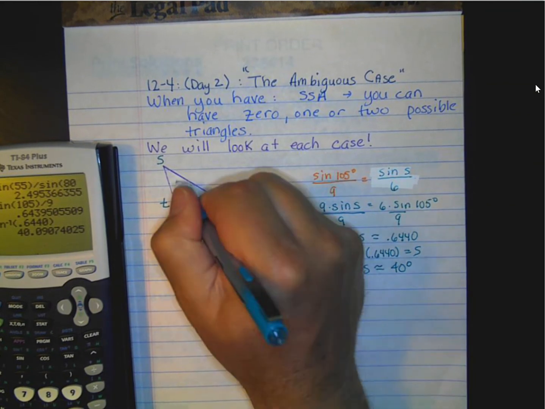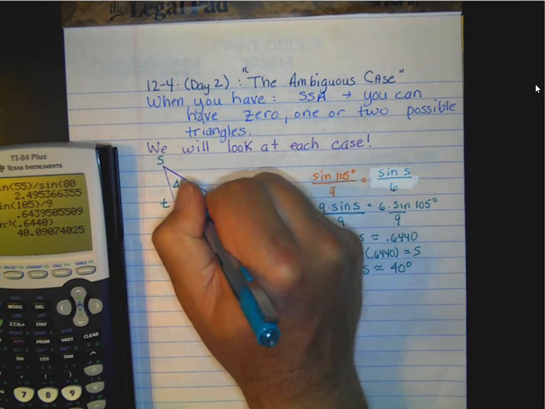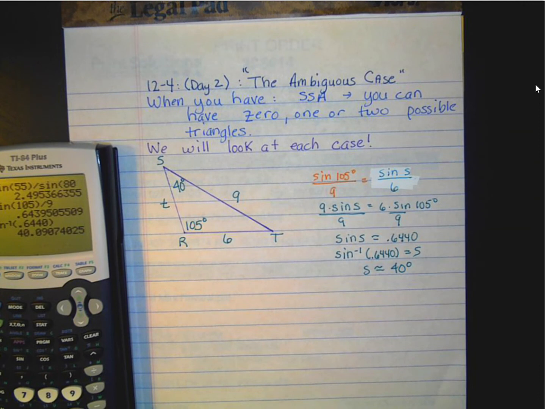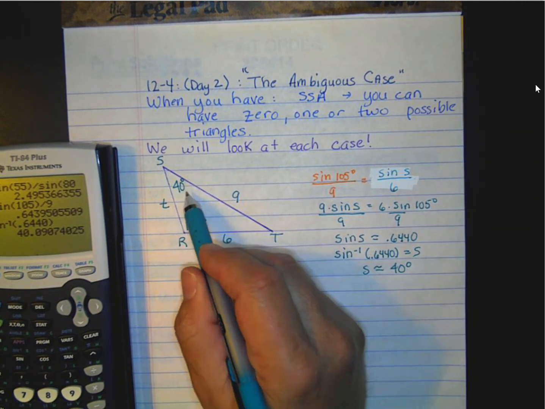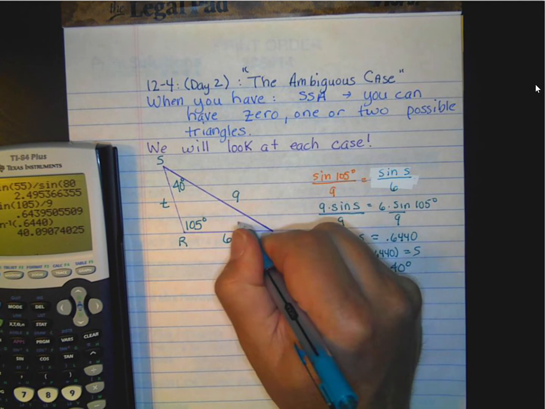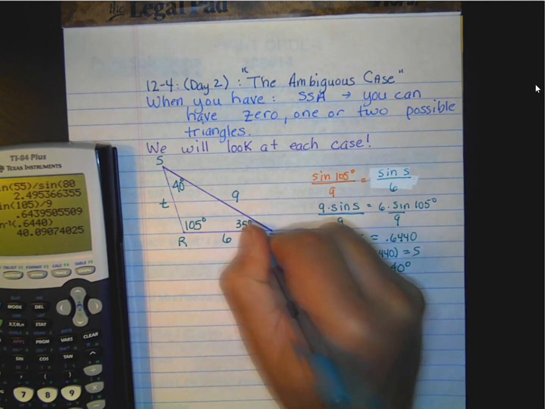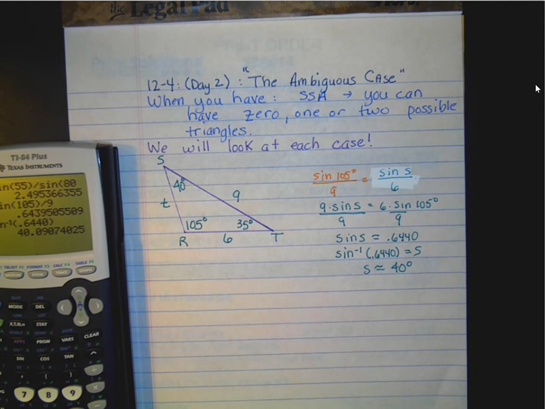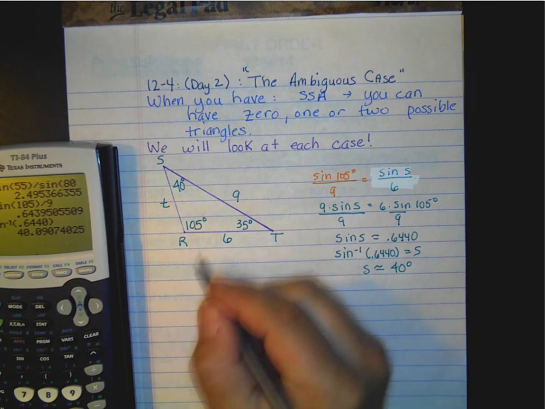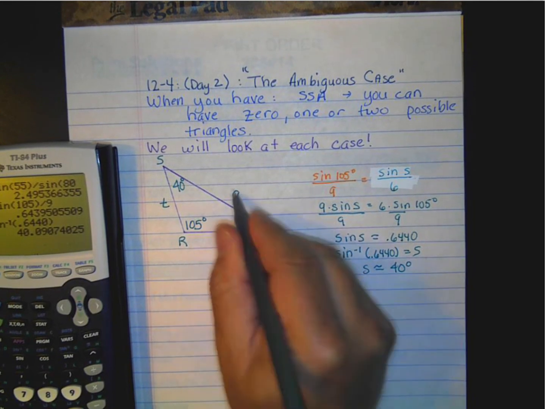So if S is 40 degrees, then T would be 105 plus 40 is 145, which leaves us 35 degrees for angle T. Now I can use law of sines again, and always go with what you were given.